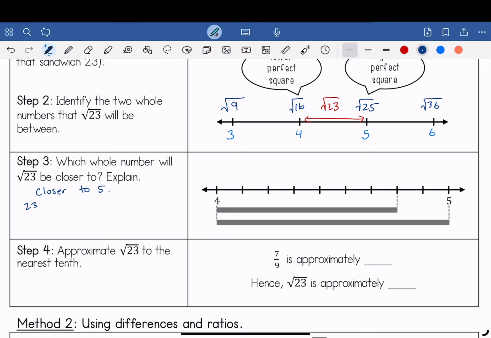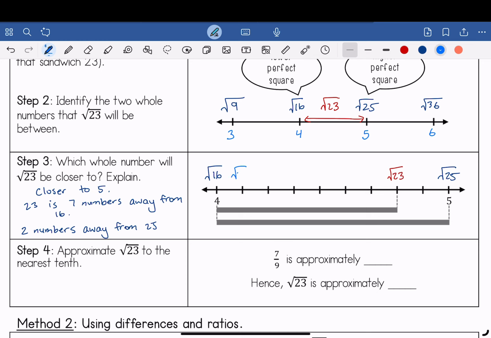So 23 is 7 numbers away from 16 and 2 numbers away from 25. So if this is the square root of 16, which is 4, and the square root of 25 is 5, I'm going to write all the numbers in between to give you a visual. So here's the square root of 23.